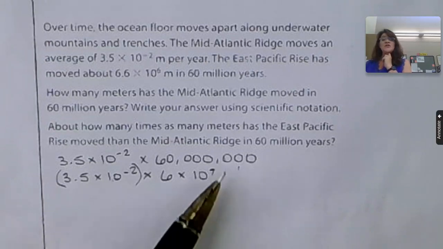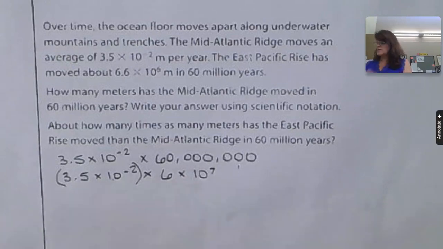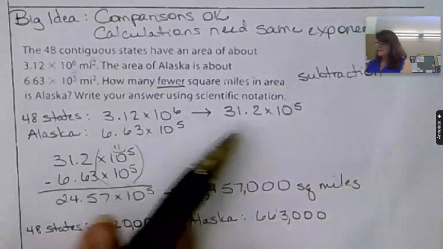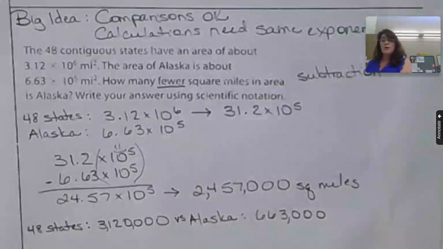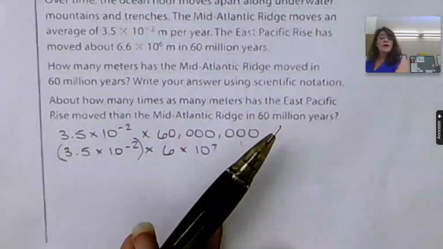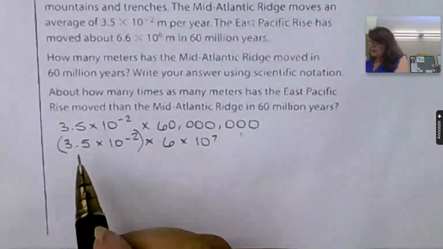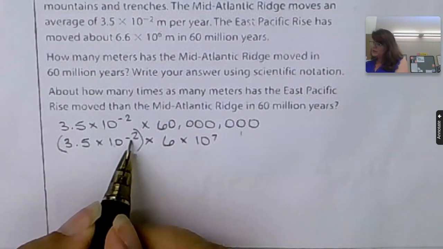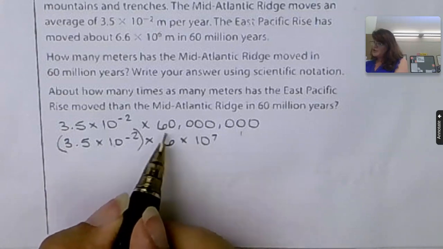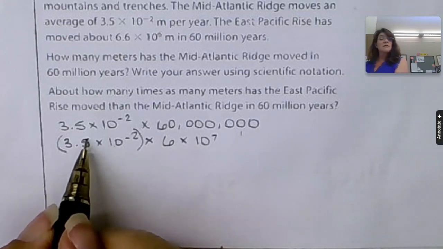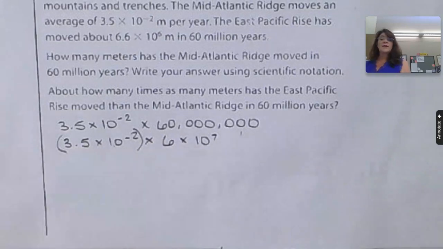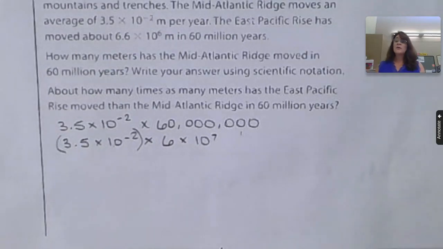We're going to finish that up in class. Just so you know, the big idea is we have to have the same exponent in order to do the calculation. In this case, if I wanted to make it to the negative 2, we would have to shift some things up, and we will finish that up in class. I appreciate you guys.